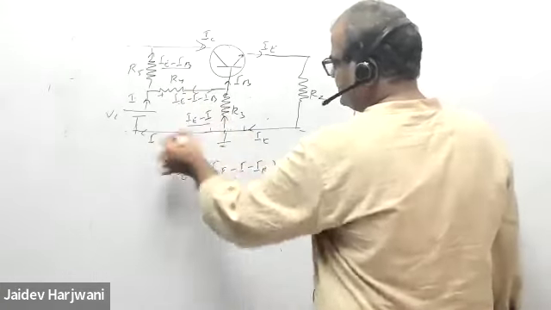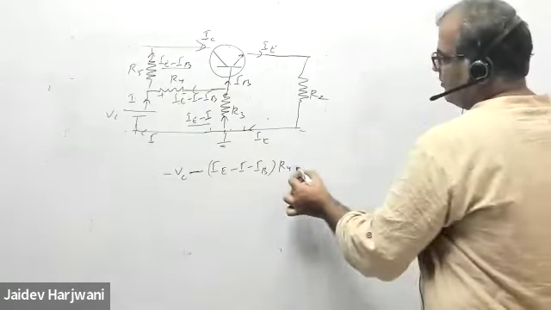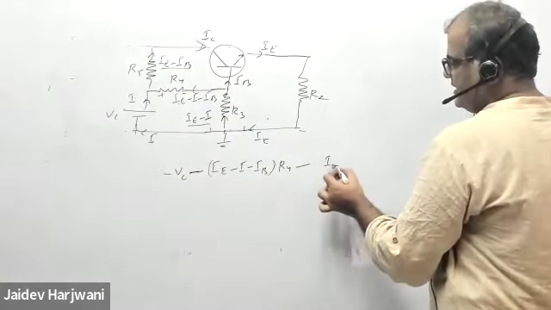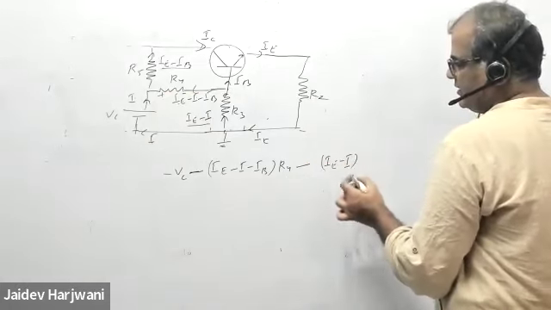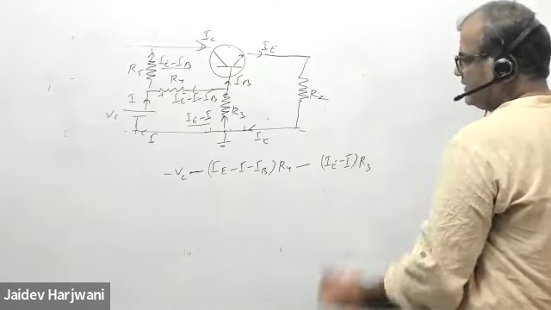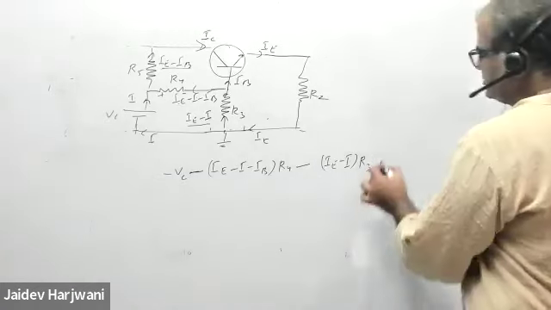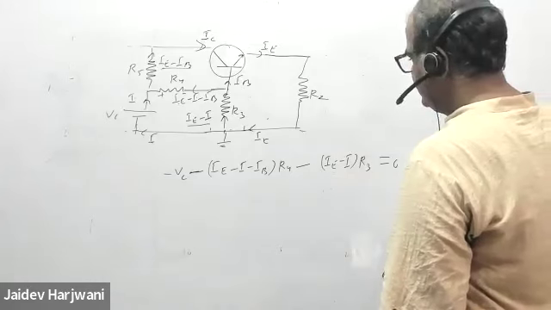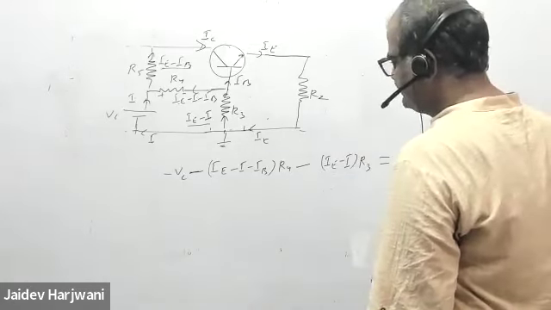I'm moving in this loop. Minus IE minus I into R3 equals 0. Okay, this is my first equation.